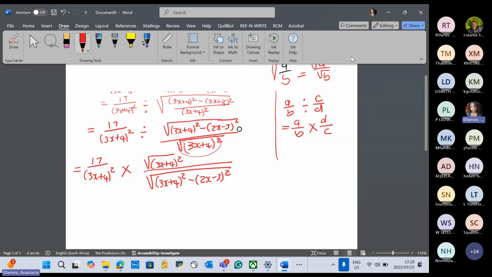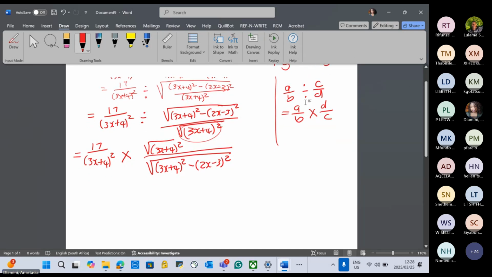Are we all together? Yes or no, guys? Yes. Then what? If we wanted to, we could say let A equal 3x plus 4 and let B equal 2x minus 3. Substitute it just so it looks simpler and then simplify.